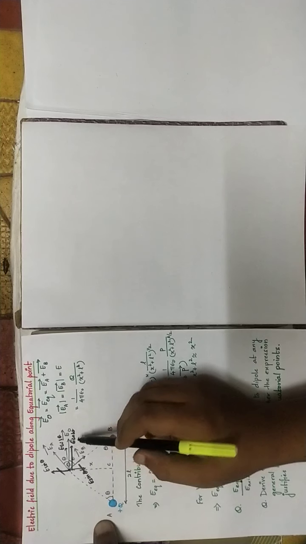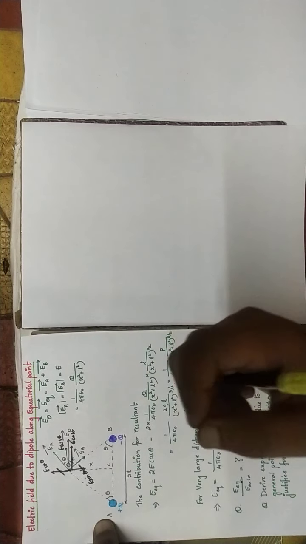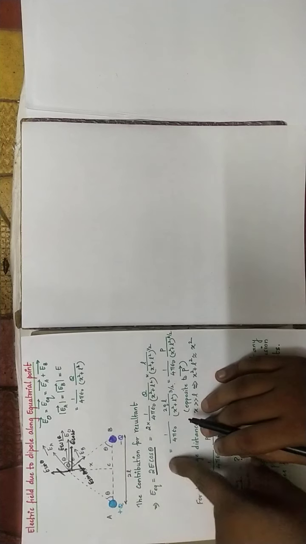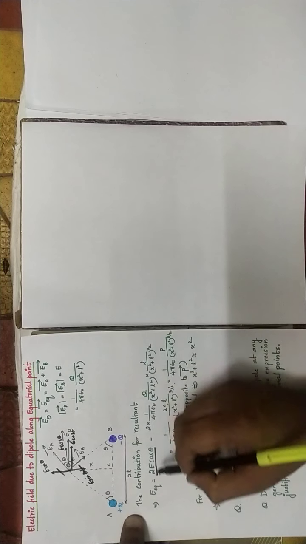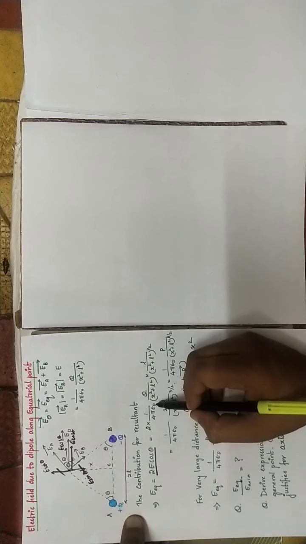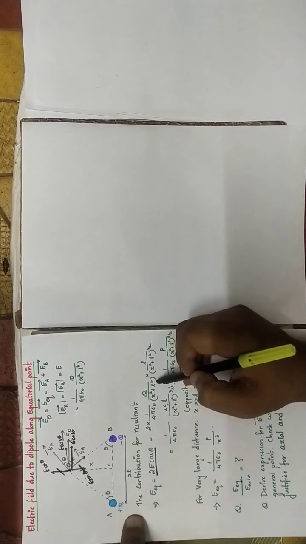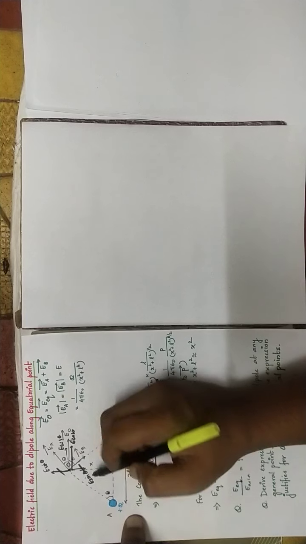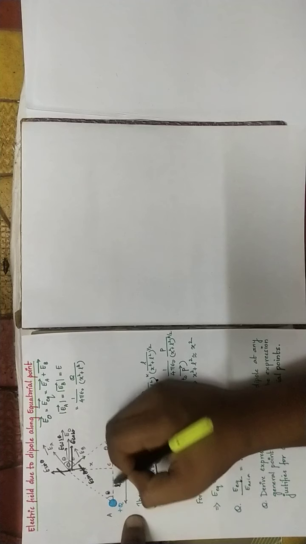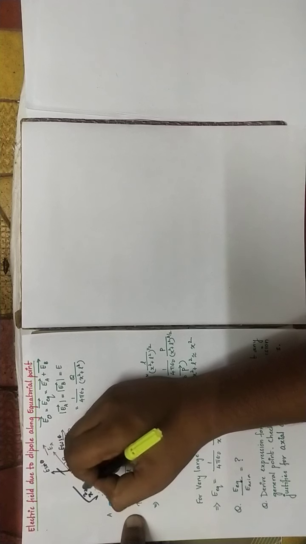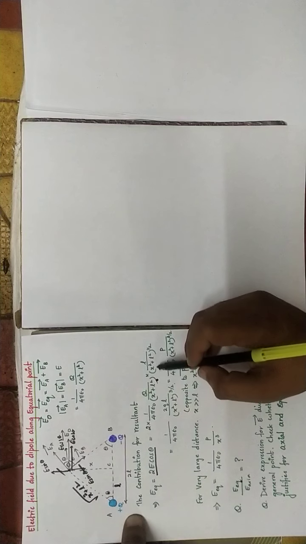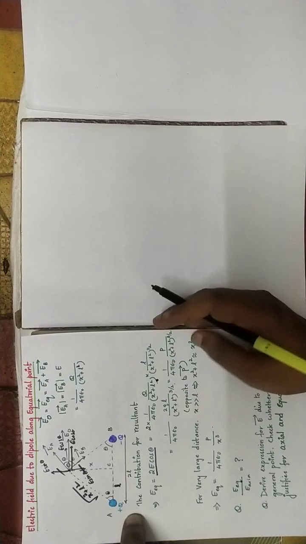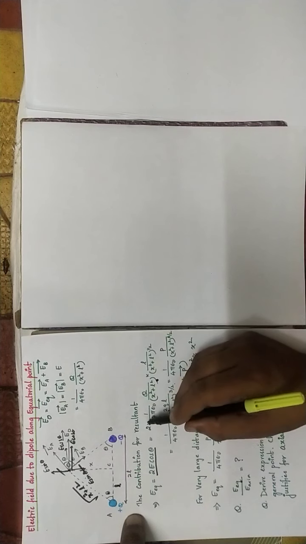So the resultant electric field at the equatorial point is 2E cos theta, where E can be written as 1 by 4 pi epsilon naught q by (x square plus L square). And in this right angled triangle, cos theta is base by hypotenuse. Base is L, hypotenuse is root under x square plus L square, which is why cos theta is L by root under x square plus L square. Then solving this expression, on the numerator you are going to get 2qL.